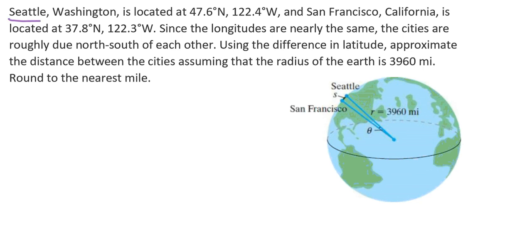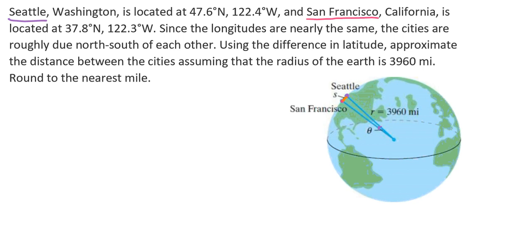So Seattle is located right here, and San Francisco would be located right here. And so we're looking for the distance between the two cities. In order to know that, we need to know our theta right here. We need that theta value.